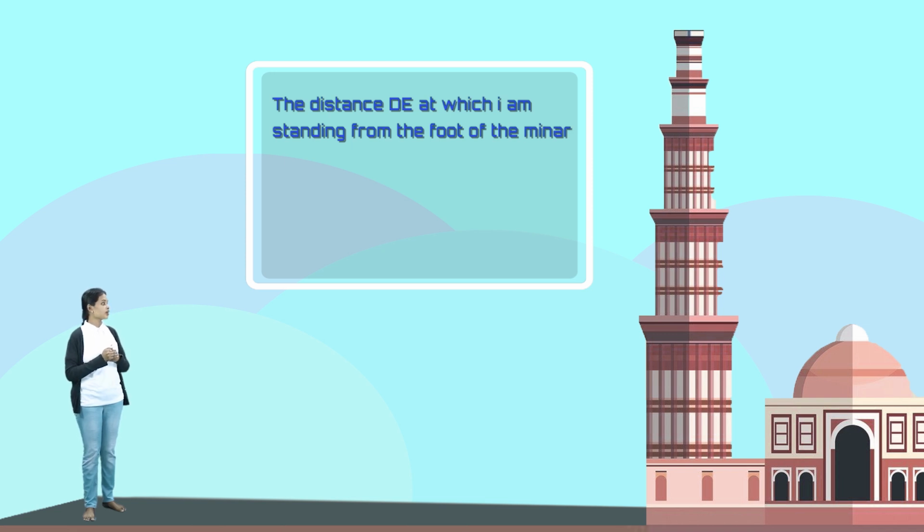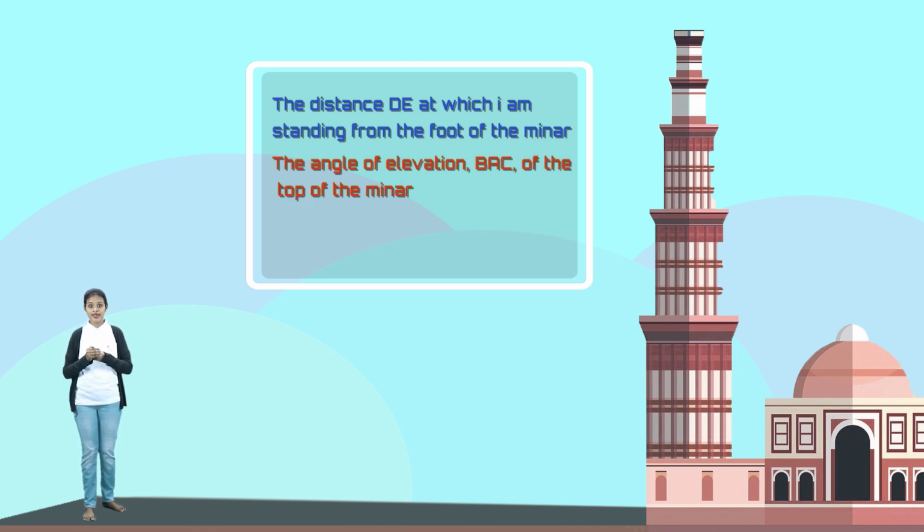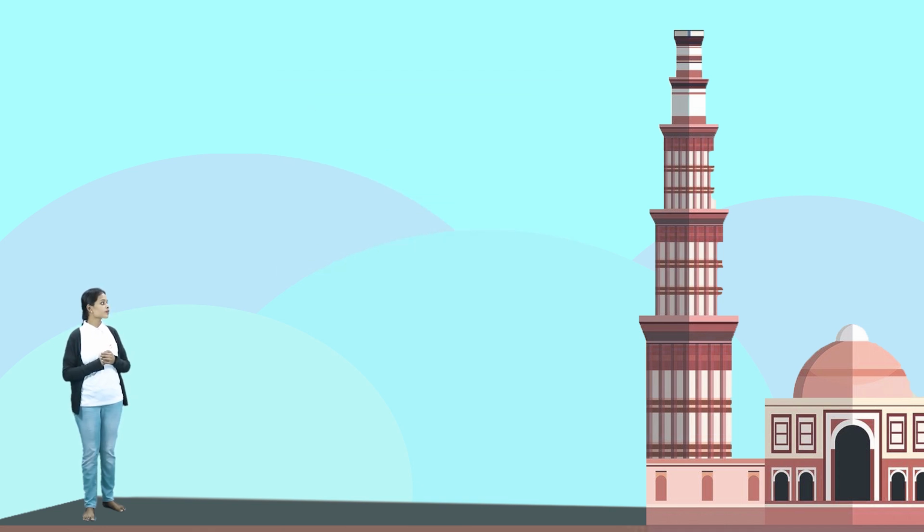Second point, the angle of elevation BAC of the top of the Minar. And point 3, the height AE of me. These are the points which should be known to find the height of the Minar from the surface. Let's assume that the above three conditions are known.